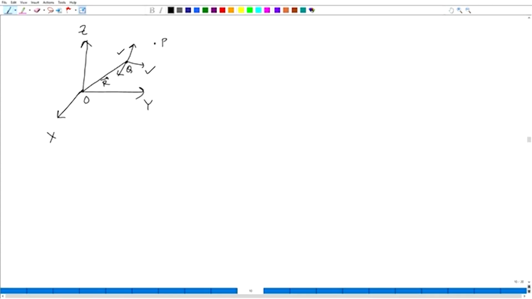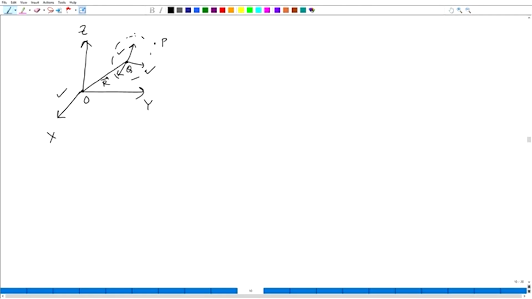Now, this second frame of reference is actually rotating with its origin making some arbitrary motion that we do not know, okay, that may or may not accelerate with respect to this unprimed coordinate.